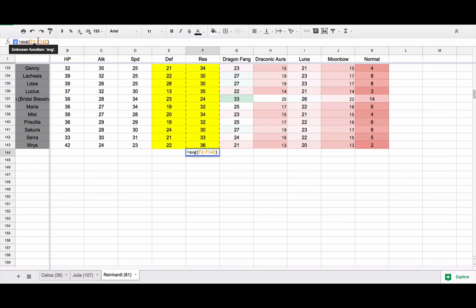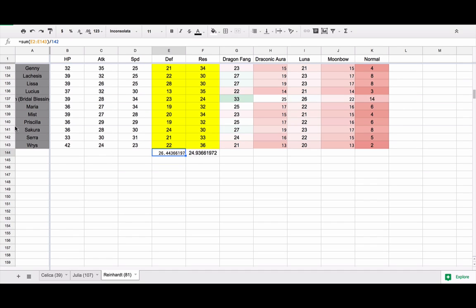Can I not do average? Okay, we'll do sum over 142. Then you can copy that here, and put E. And so on average, units have 2 defense higher than res.